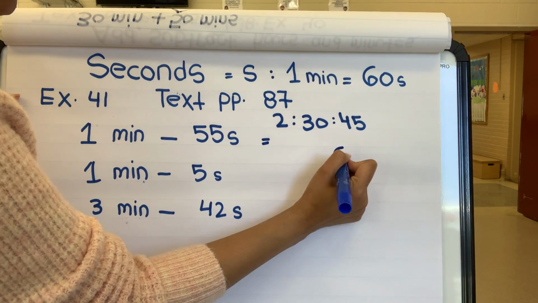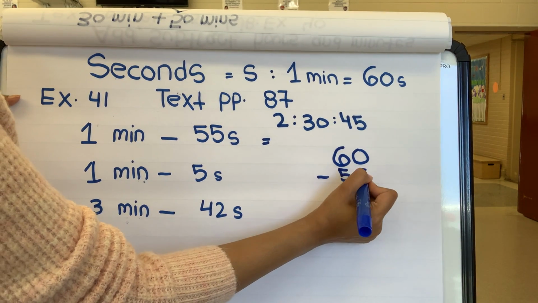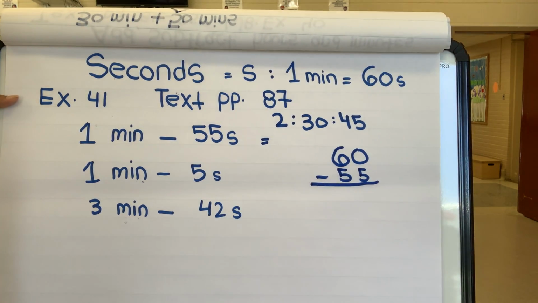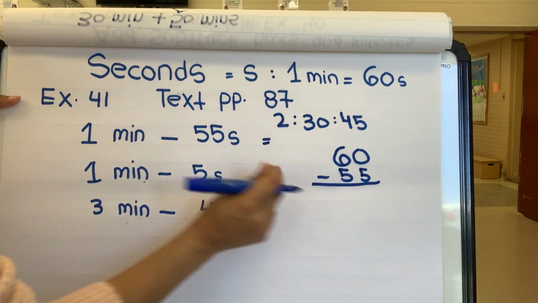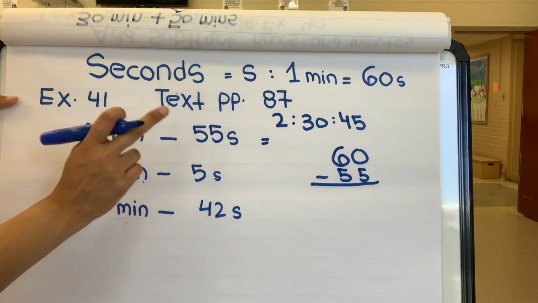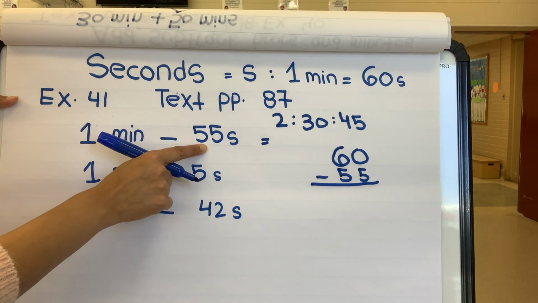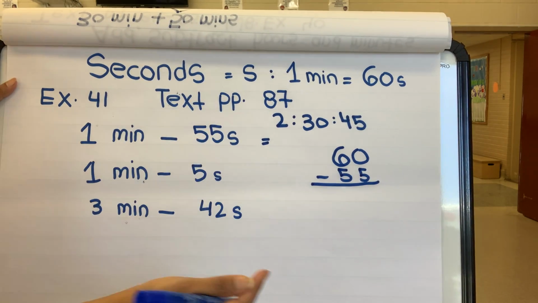I can either do this: I have 60, I can take away 55, right? And I know that if this is 55, how many do I need to make it into 60? Only 5, right? So the answer should be 5.